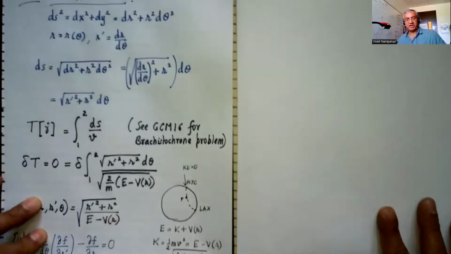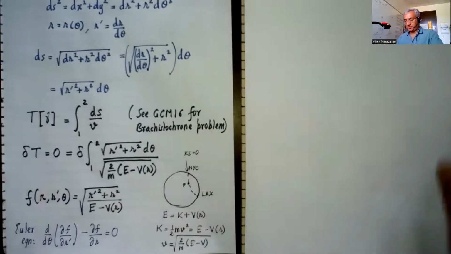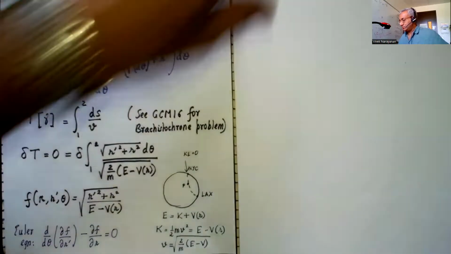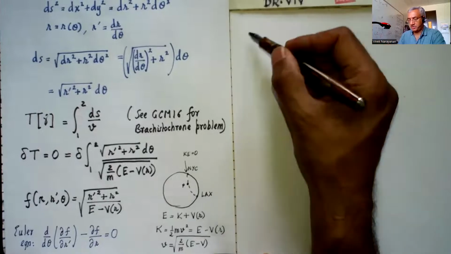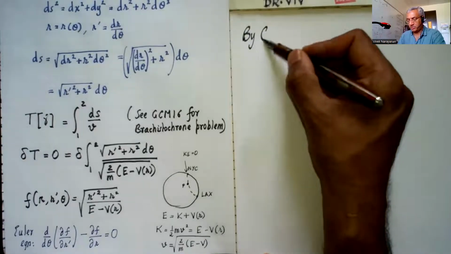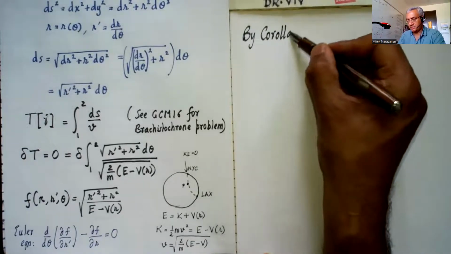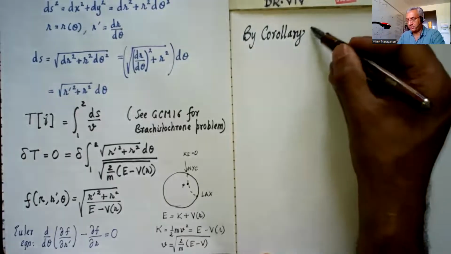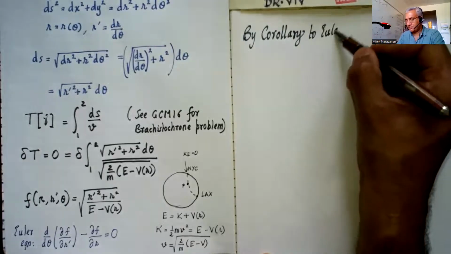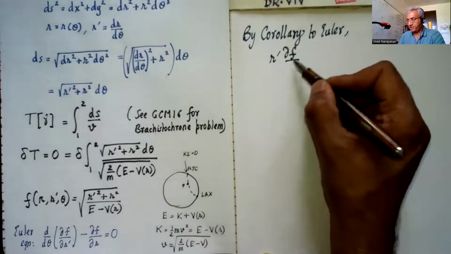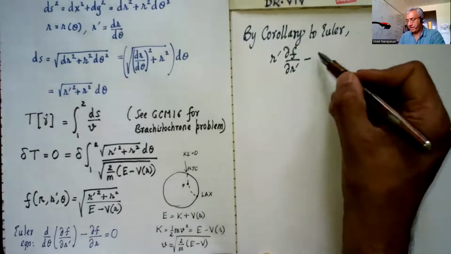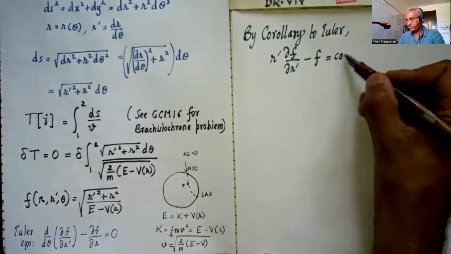So we can use the corollary here. So I'll write, by corollary to Euler, the quantity r prime del f by del r prime minus f will be constant.